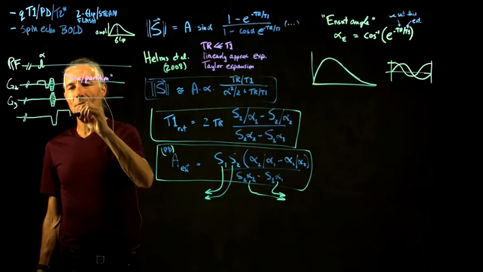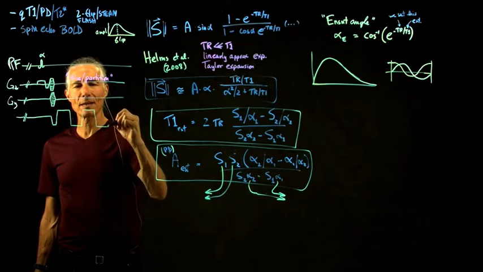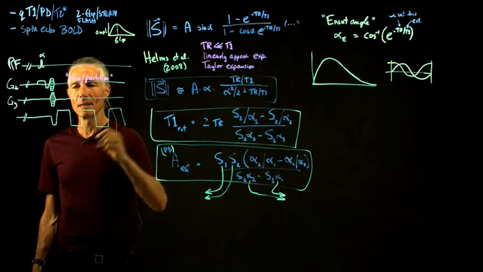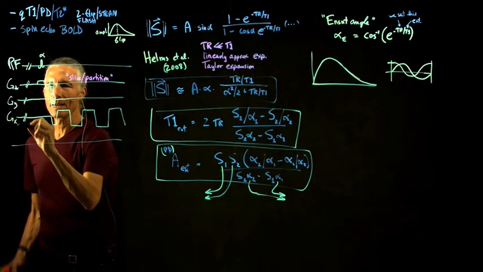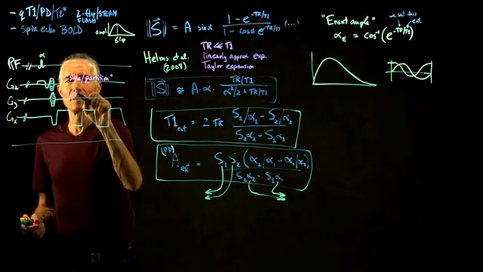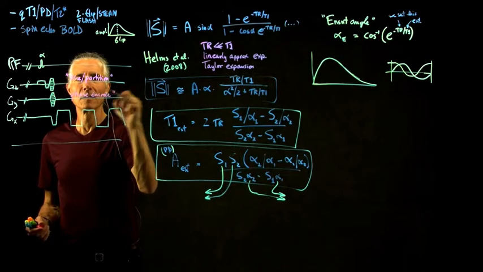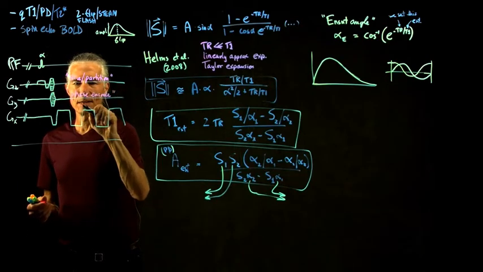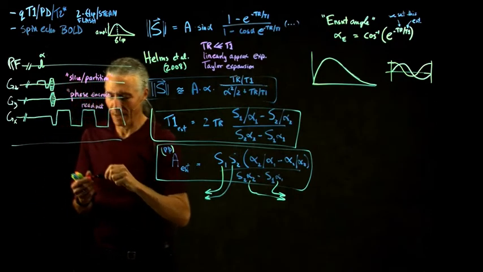But what this sequence does is something kind of like EPI. It just goes back and forth across k-space. That's on the x gradient, the readout gradient. This one is the phase encode. This guy's the readout. So that sort of looks like EPI.